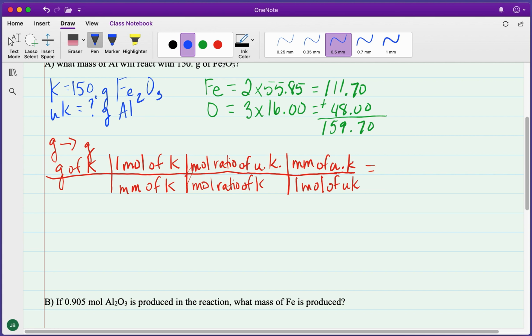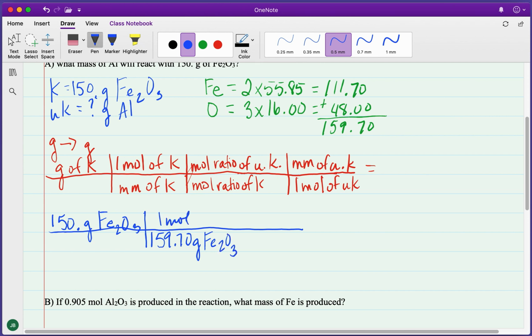All right, so let's go ahead and put in all of our information. So we have 150 grams of the iron 3 oxide, and we're going to put in our molar mass, which is the 159.70 grams of the Fe2O3, 1 mole of Fe2O3, and then we're going to put in our mole ratio.